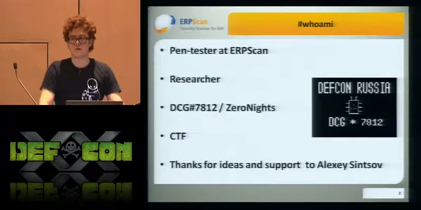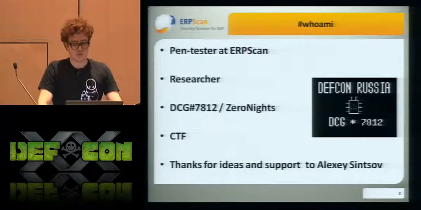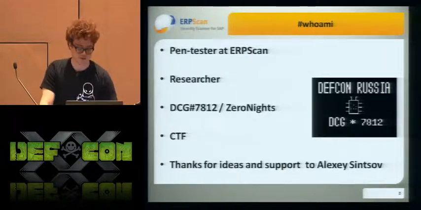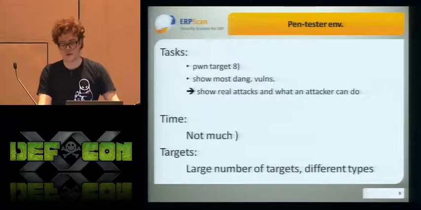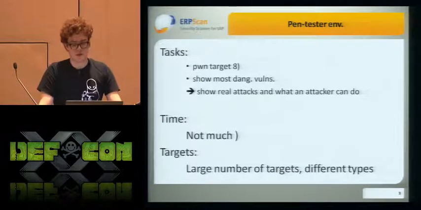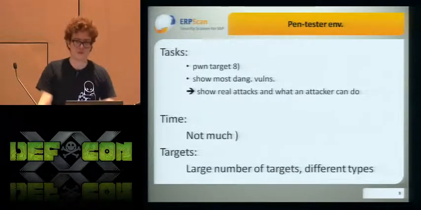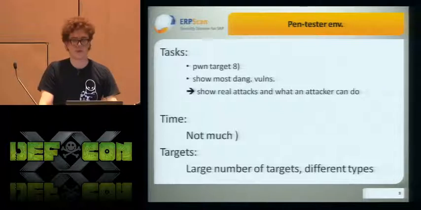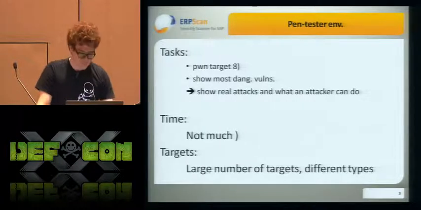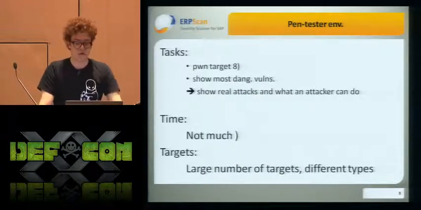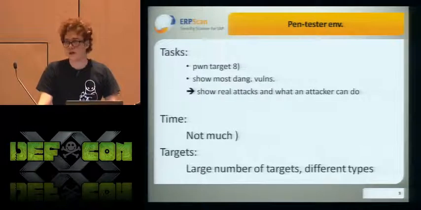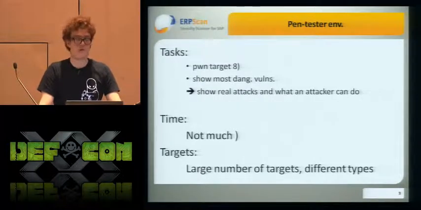But before we start talking about VMware, I would like to talk about pen testing in general. The main goal of a pen test is to show weak elements in the infrastructure, how to hack the system, why we can hack it, and show how we can hack it. We usually have a large number of targets of different types, and unfortunately we usually don't have much time.